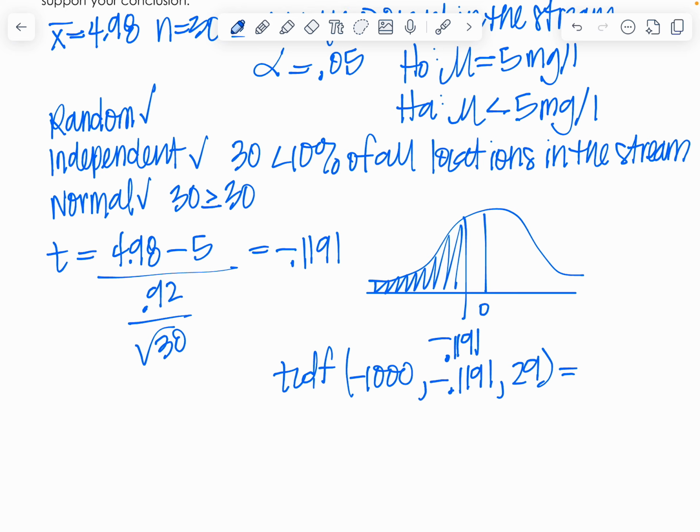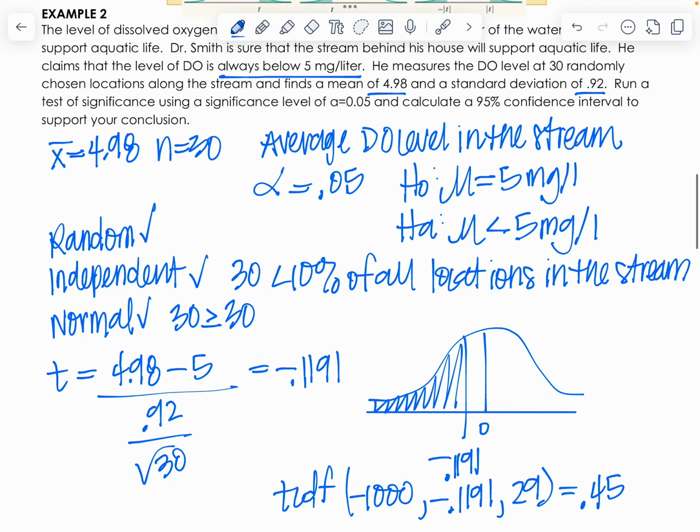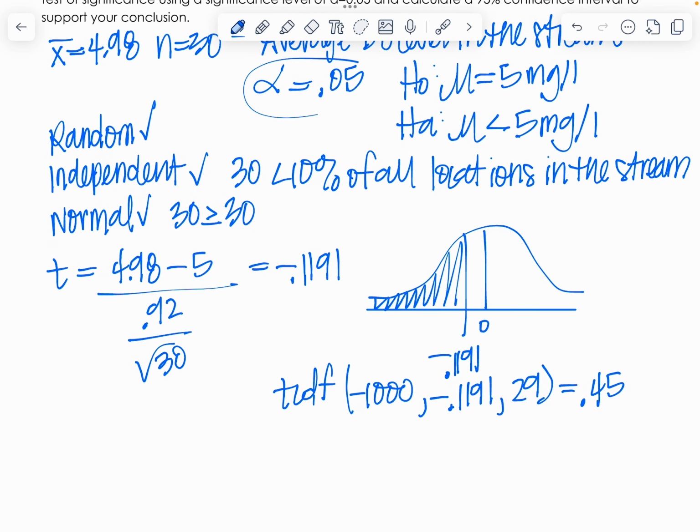So second vars, tcdf is option 6. I get 0.45. Yes, a very high p-value. Right, 0.45 is absolutely higher. Our alpha level was 0.05, so absolutely greater than 0.05.